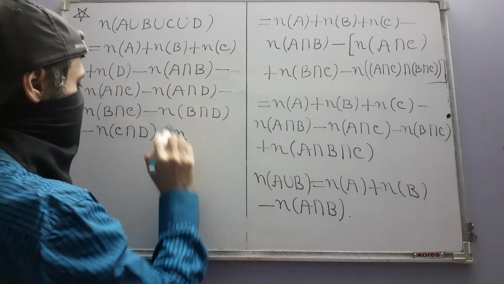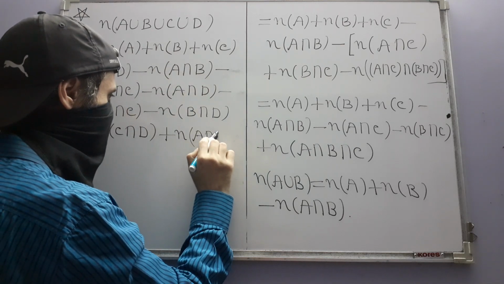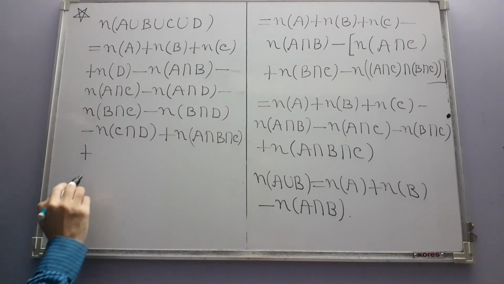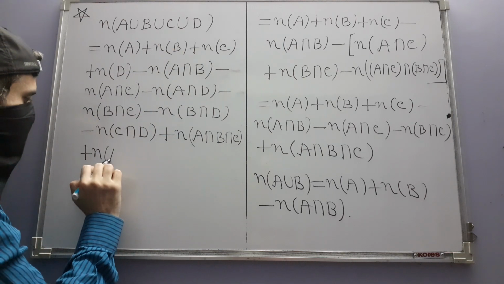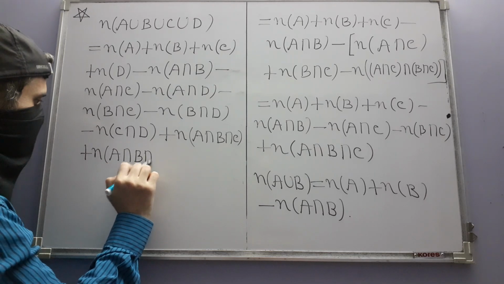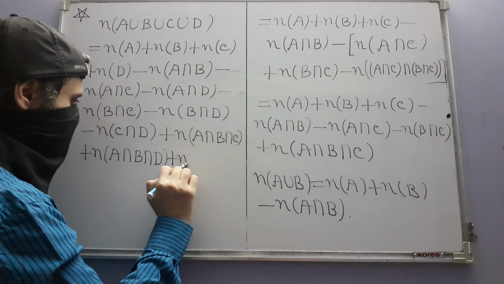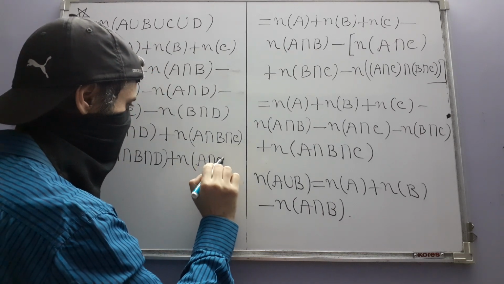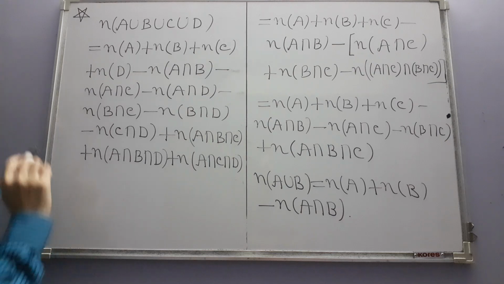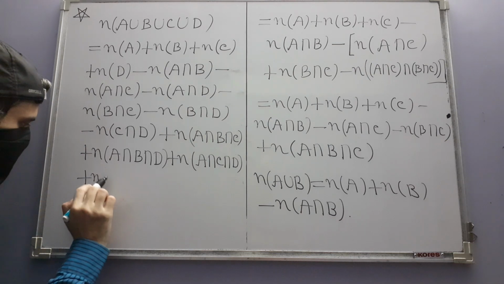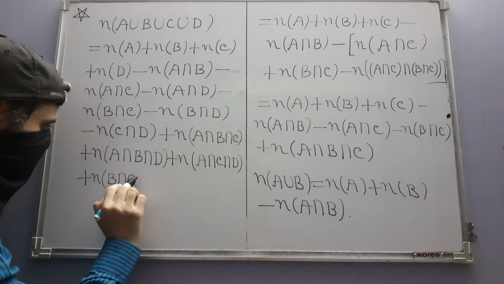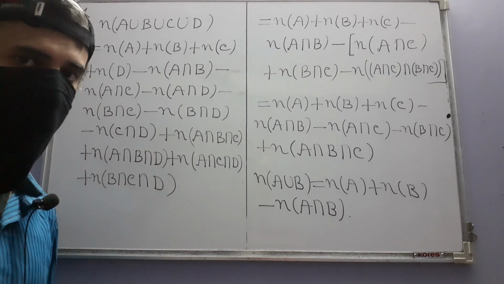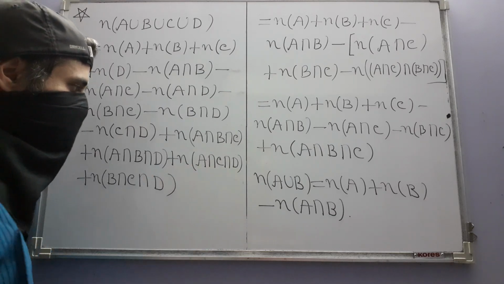So you can leave D out and consider A, B and C. Or you can leave C out and consider A, B and D. You can also leave B out and consider A, C and D. And finally, you can leave out A and consider B, C and D. But still more terms should be there because we have taken 3 out of 4.